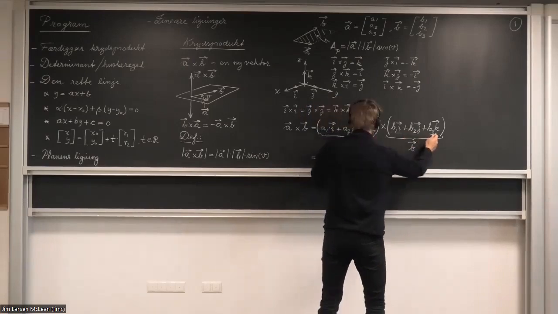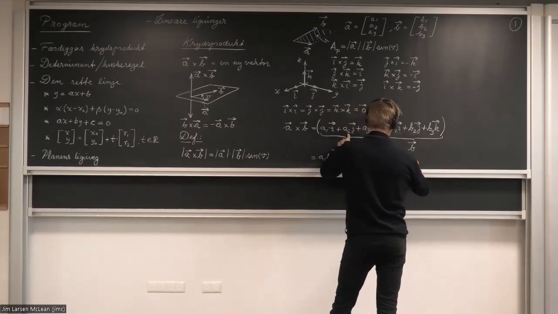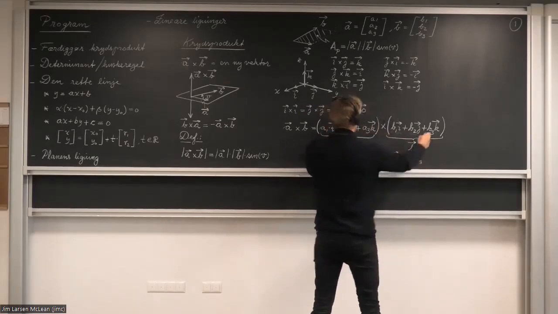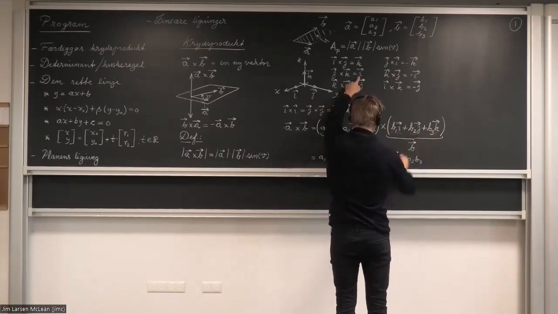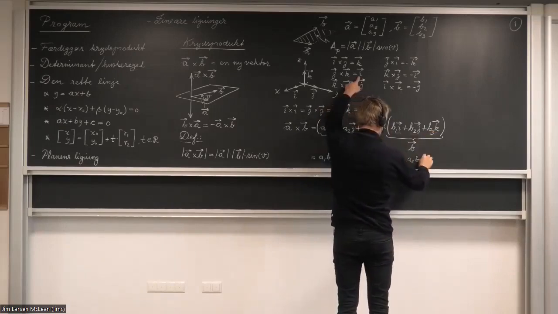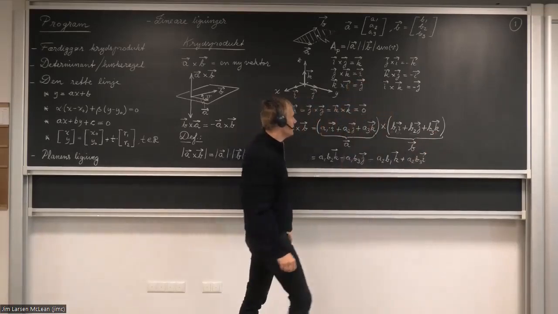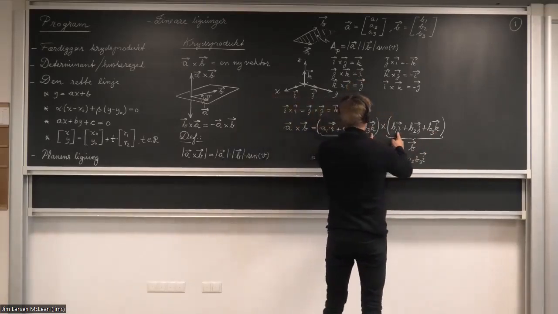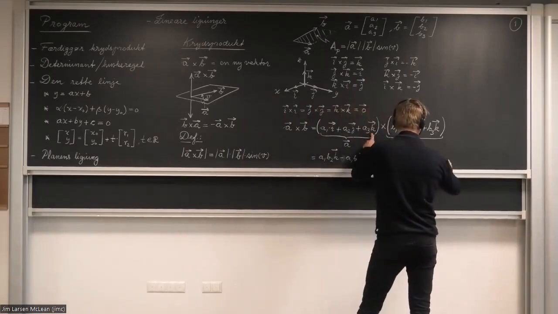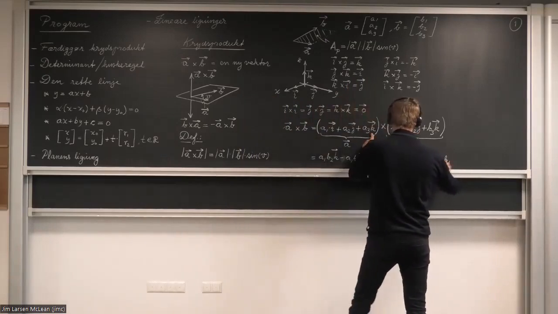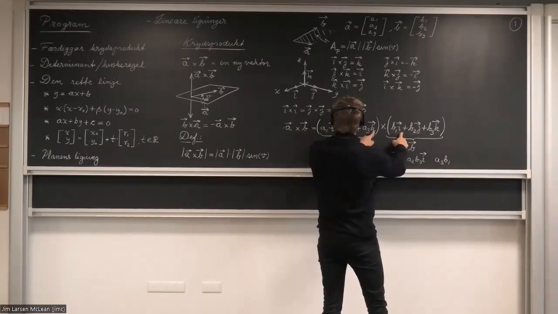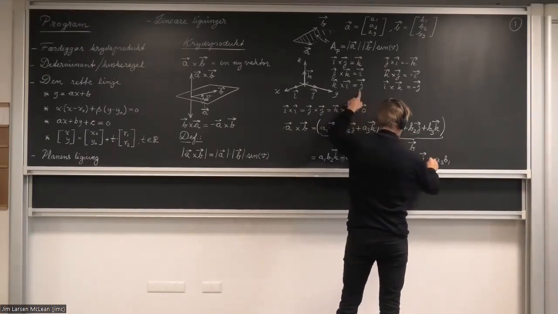Then I take this one and that one, A2 B3. So I write A2 B3, and it was j cross k, and j cross k gave i. So now I can write a plus and then i. Then there's just the last terms, A3 B1, and it says k cross i gives j.